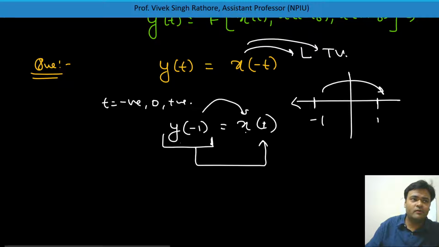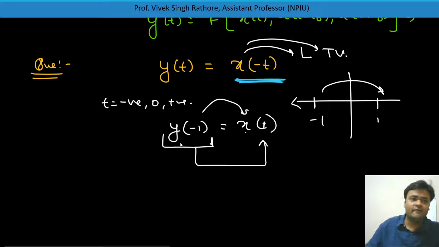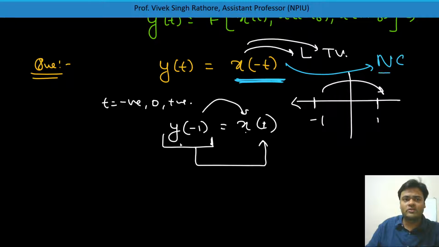I told you, whenever your signal is not seen like x of t plus c naught, but is looking like this, you should understand that it is dependent upon a future value. And wherever it is dependent upon a future value, this system is called a non-causal system.